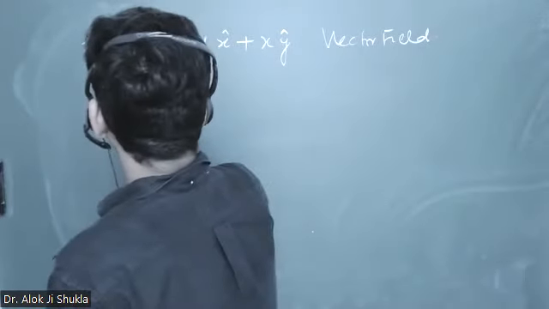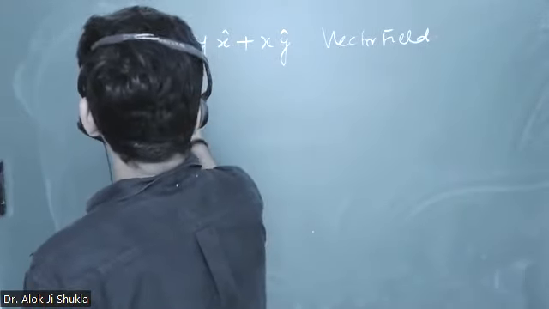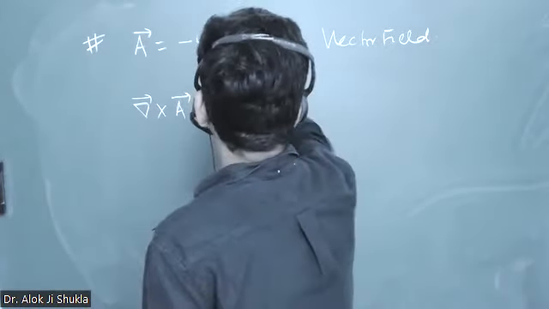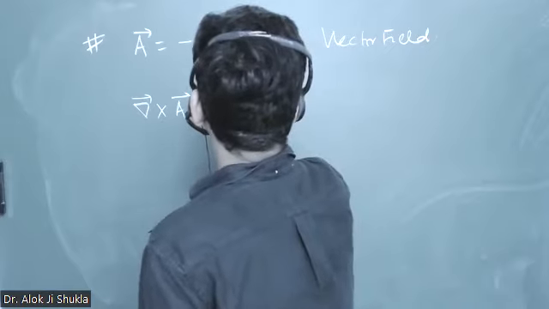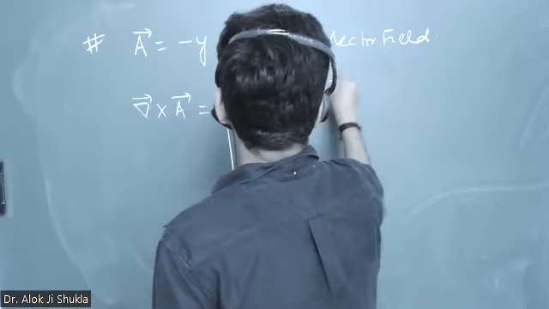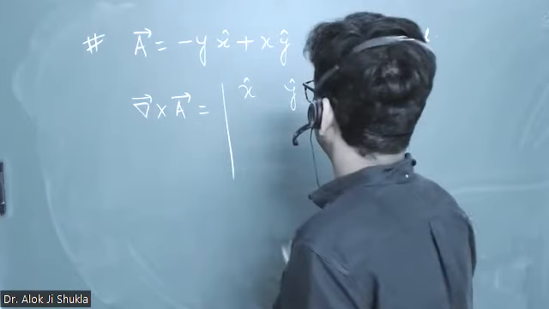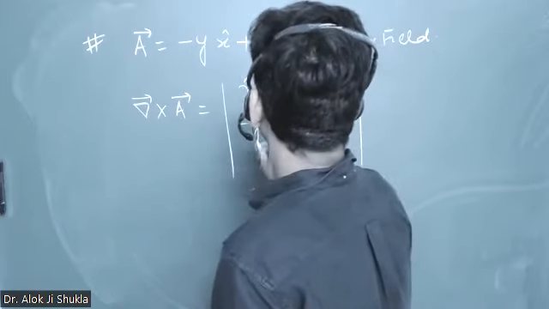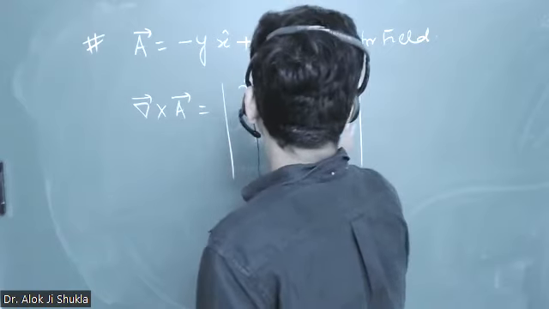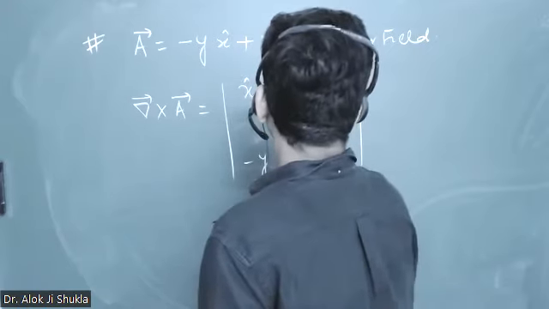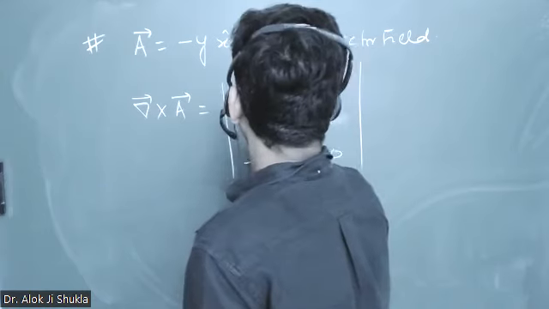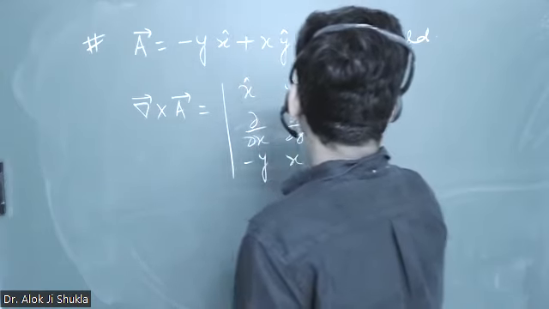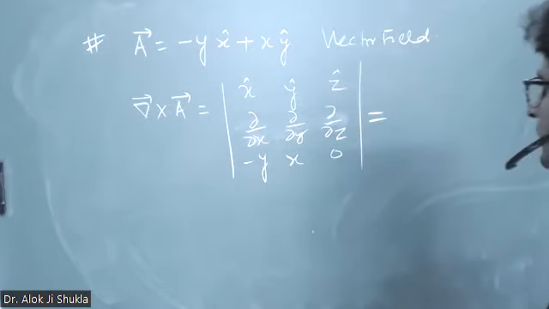So del cross A is equal to the determinant with x cap, y cap and z cap, minus y, x, 0, and del/del x, del/del y, del/del z.